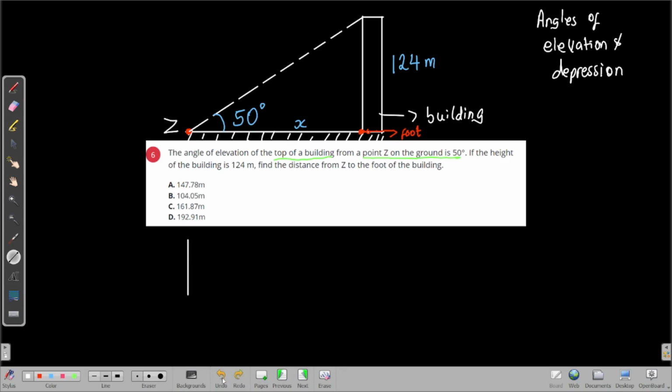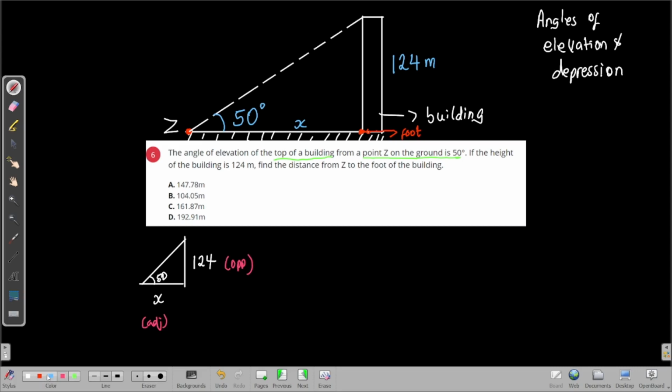So I have my triangle like this. This is my mini triangle. I have 50 here. I have 124, and I have x. So try to label your sides. 124 is opposite, so that's our opposite side. x is our adjacent side. So opposite and adjacent, what do we use?